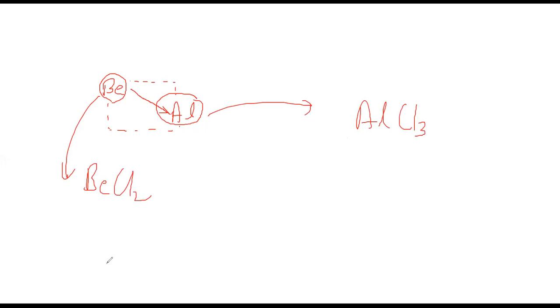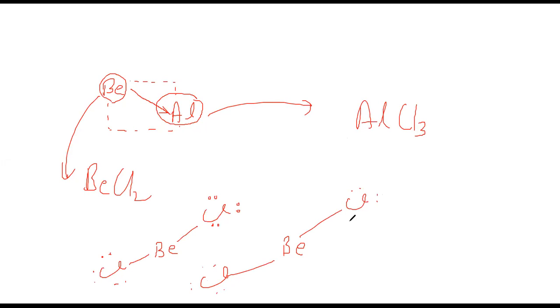It also forms a dimer, like this is BeCl2. These are lone pairs of electrons. This is a bond pair of electrons. So two beryllium will come like this. And its electron pair will come here. Its electron pair will come here.